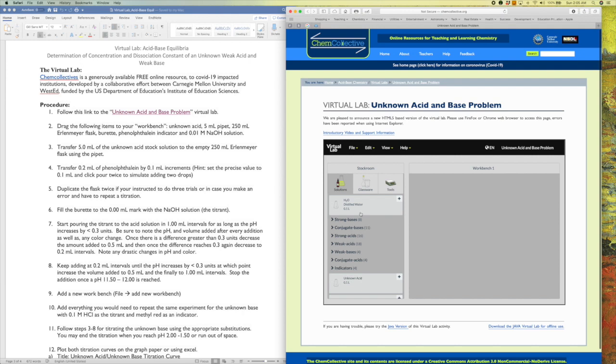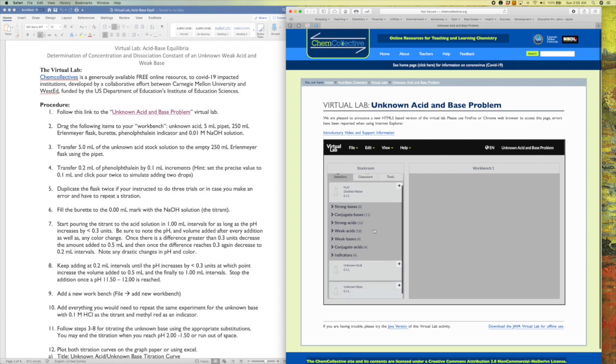For this particular lab, we are going to be determining the Ka of an unknown acid and its concentration, and the Kb and Ka of an unknown base and its concentration.